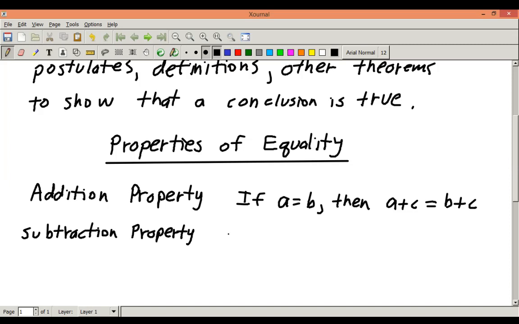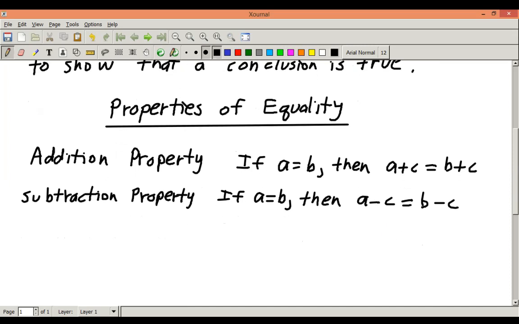Similar to that, we have the subtraction property. And that just says if A is equal to B, then A minus C is equal to B minus C. So in other words, you can just subtract the same thing from each side of an equation as you solve it. So you've done that before. We also have the multiplication property.